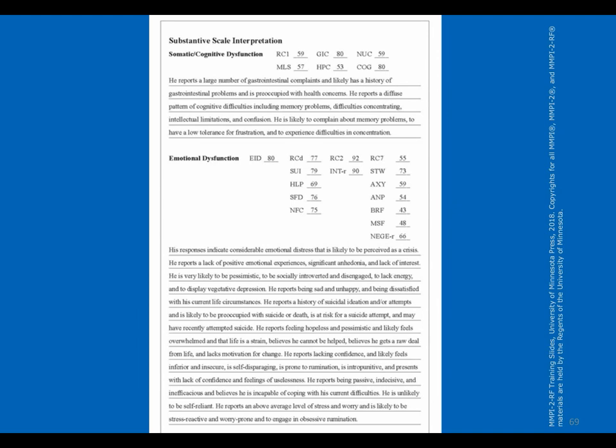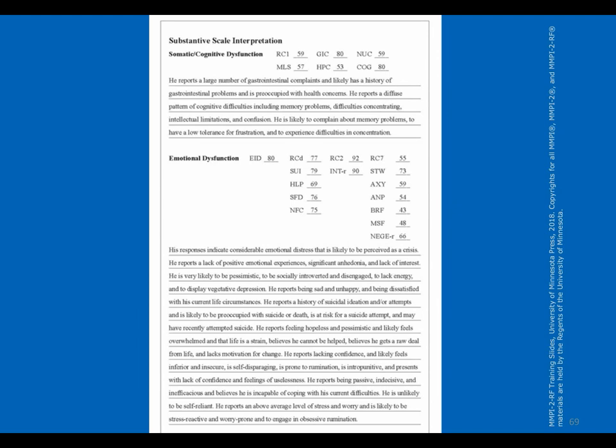All right, then finally, the next step in the emotional dysfunction domain would be to look at RC7. RC7 is not elevated, and so now we look at the remaining scales from this domain at the specific problem scale and the PSY-5 scale level and see if any of those are elevated.